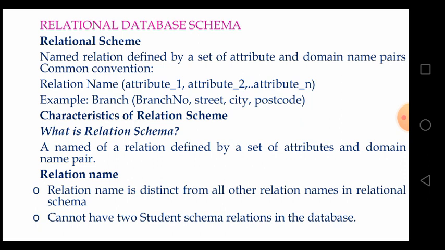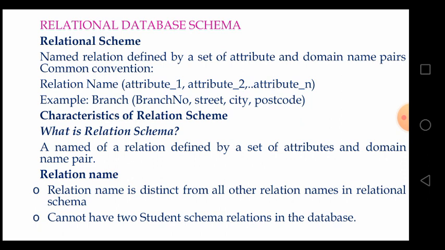For example, branch is the relation name, and branch number, street, city, pin code are the attributes. Branch is the relation name.